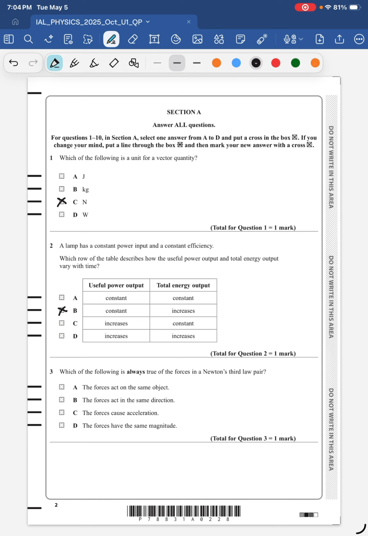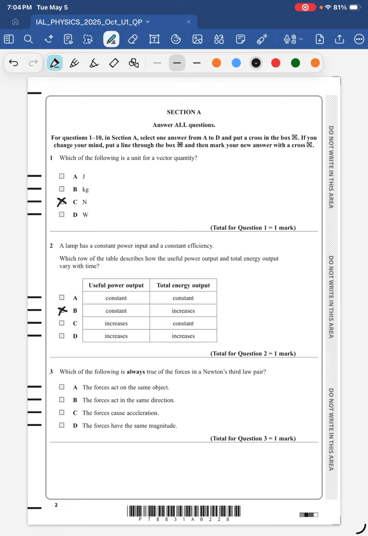Question 3. Which of the following is always true of the forces in a Newton's third law pair? So the forces act on the same object. Totally wrong, because this is what we use as a counterexample of forces that are not a Newton's third law pair. B, the forces act in the same direction.